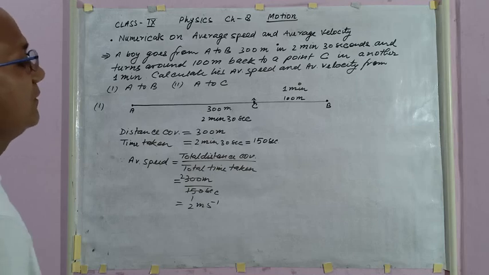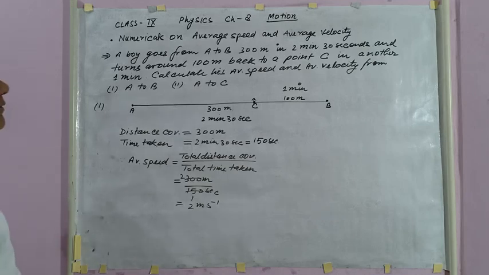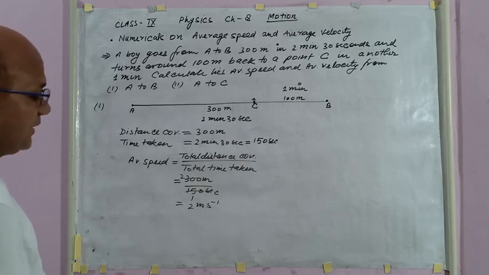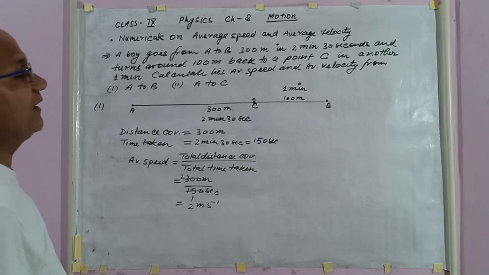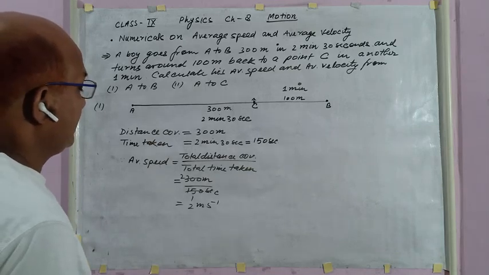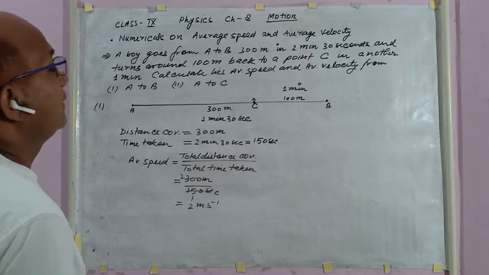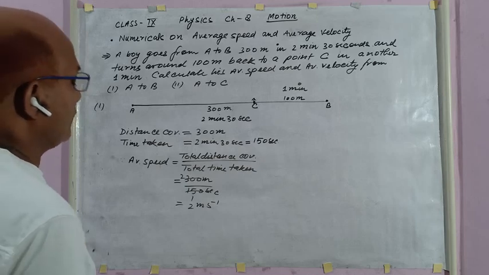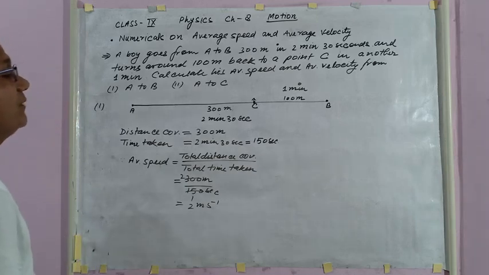Now how can we calculate average velocity? As you know, average velocity is equal to displacement upon time taken. So what is the displacement from A to B?